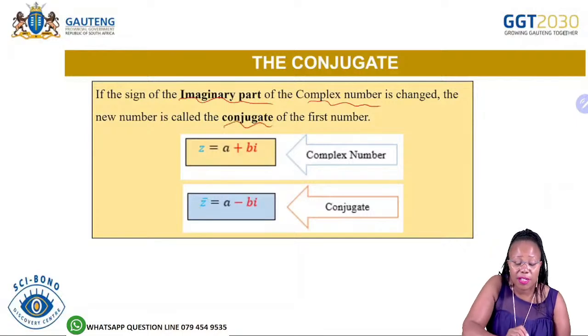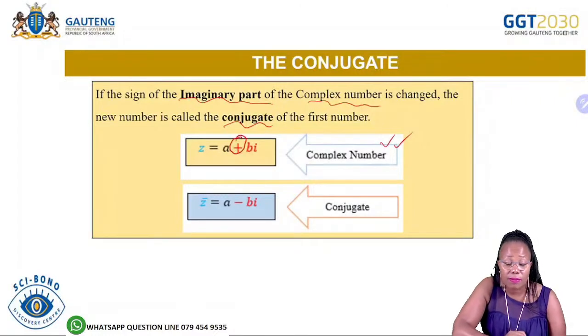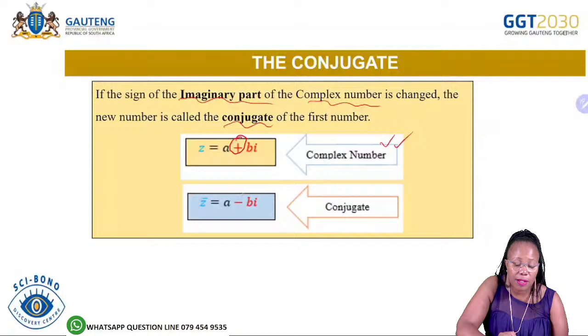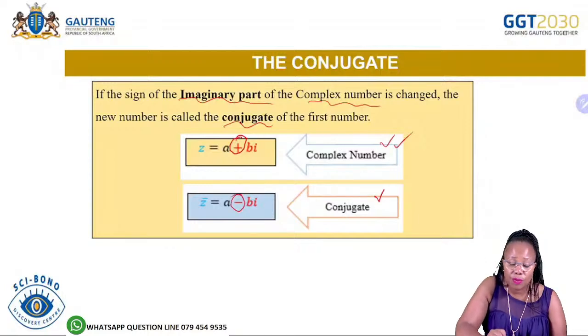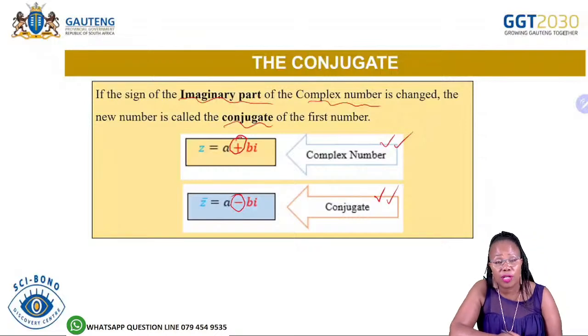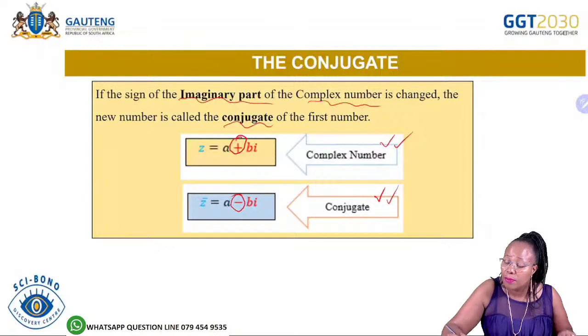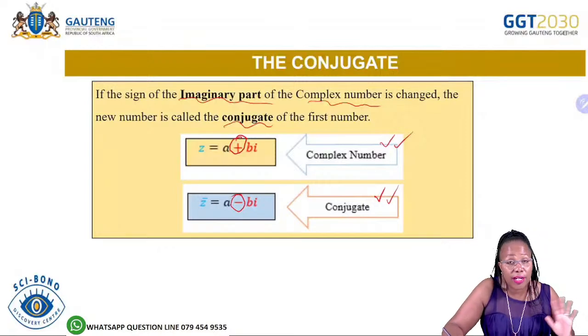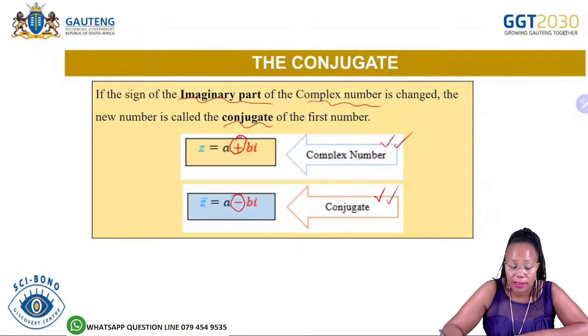I've already explained that if you have z equal to a plus bi as your complex number, so if you change the bi sign from positive to negative, the new one will be a conjugate to the original. Okay, only change the bi sign, not the real part, only the imaginary part.